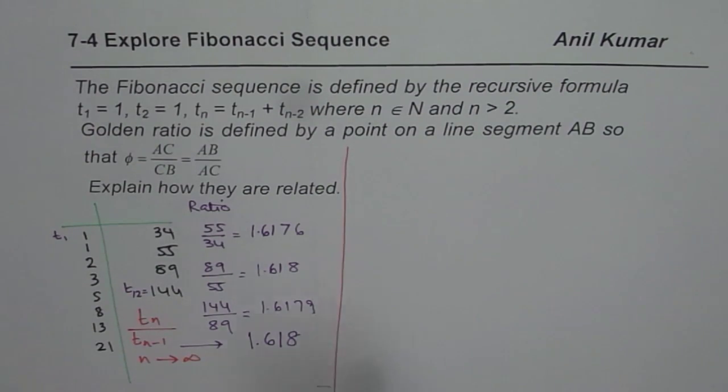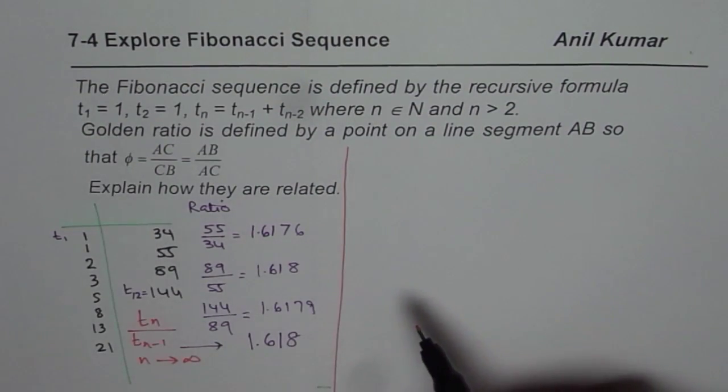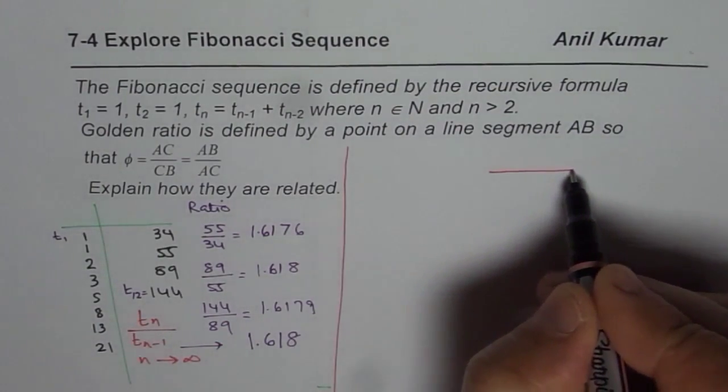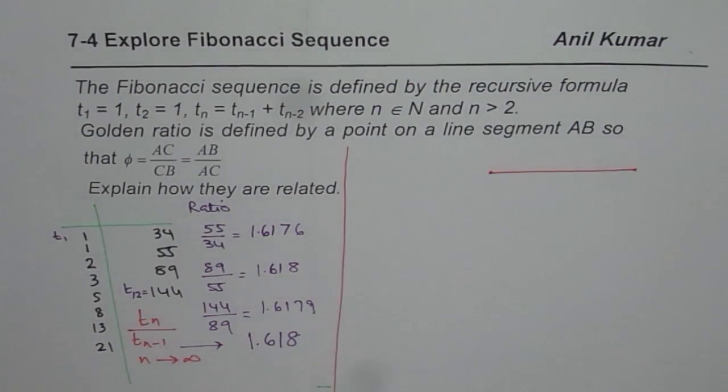On the other hand, let's talk about the golden ratio now. The golden ratio says that if you have a line segment, let us say we have a line segment here.